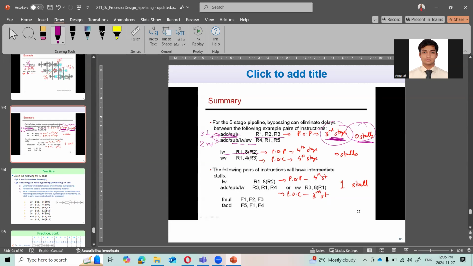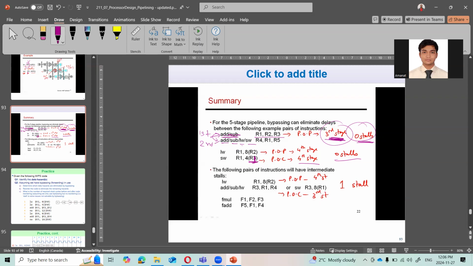For load and store, the point of production for R1 is here, like R1 and R1, right? For storing, you need it in the fourth stage. So 0 stalls here, but if you needed R1 here, then you would need 1 stall.